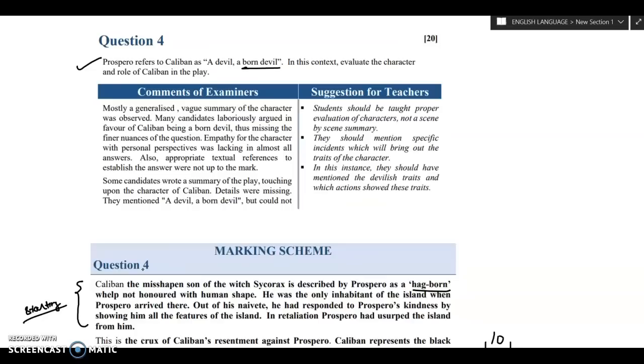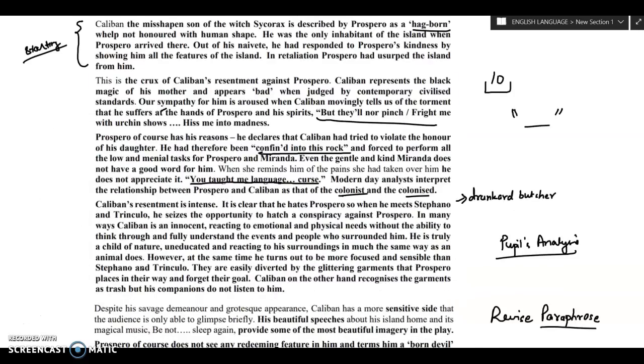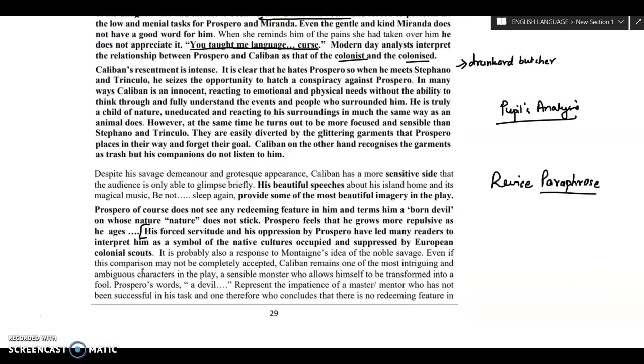Not only can you include the part where he's not obeying Prospero, but you can also include the part where he has done something well. Maybe his qualities can also be covered in a small paragraph.